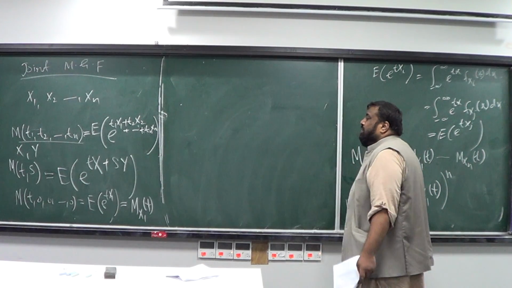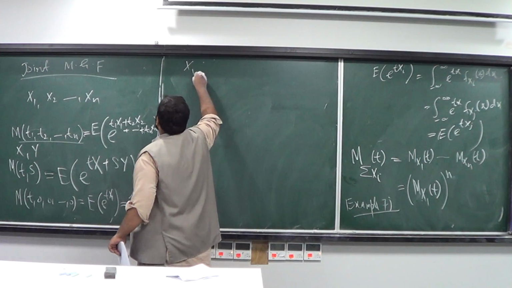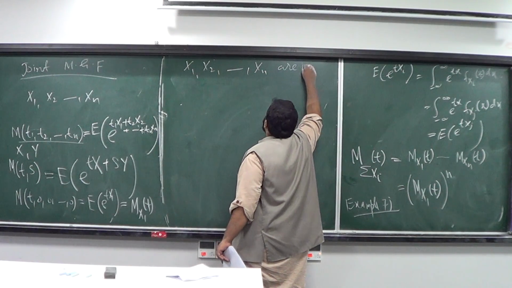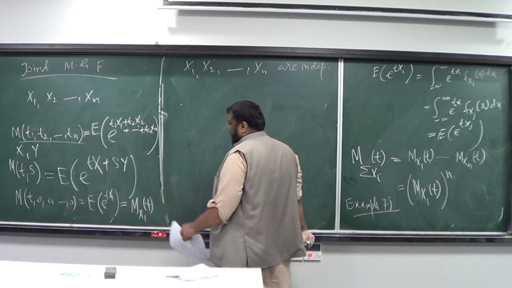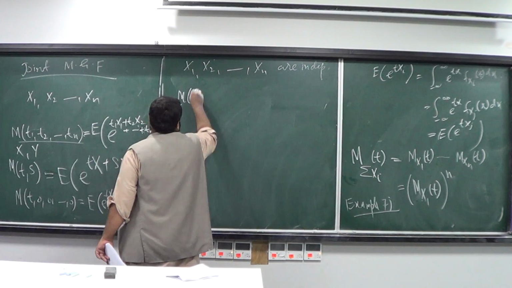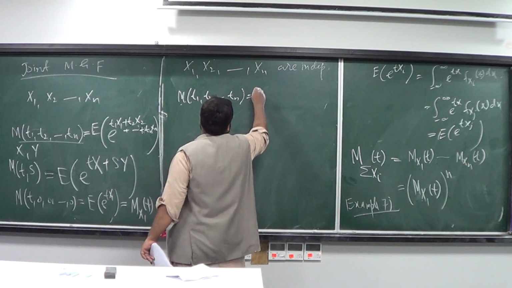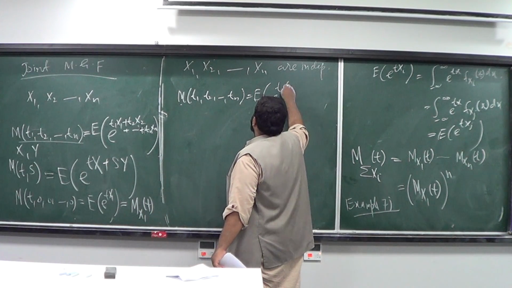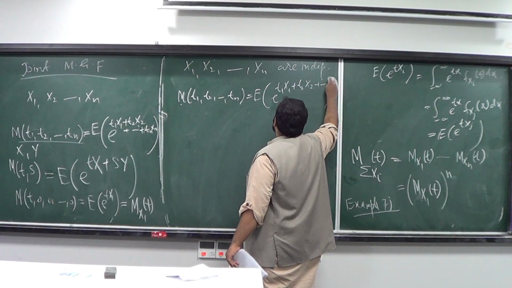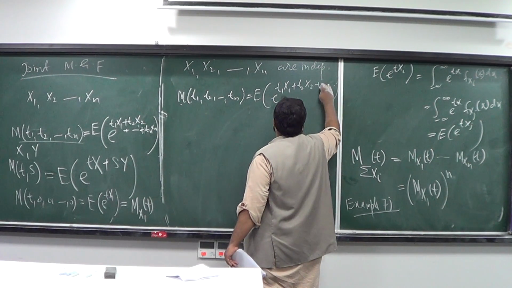What would be the joint moment generating function if you know that x1, x2, up to xn are independent? M of t1, t2, up to tn is going to be the expectation of e to the t1 x1 plus t2 x2 plus up to tn xn.